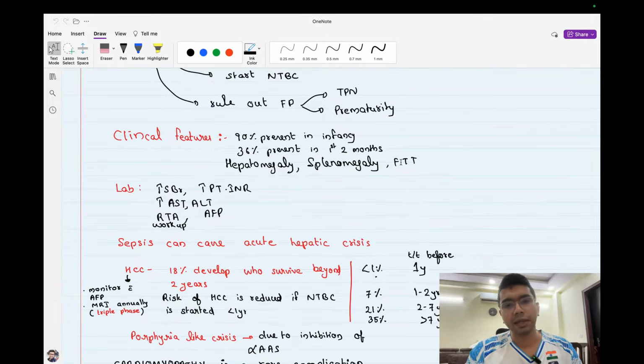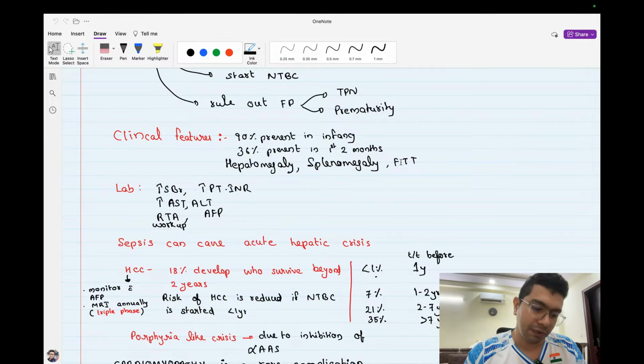Tyrosinemia usually presents in infancy itself, 36% in the first 2 months. The usual presentation will be hepatomegaly with or without splenomegaly. There will be failure to thrive. There will be icterus. There can be signs of liver failure. When we do the routine investigations, we get signs of liver failure, that is increase in serum bilirubin, increase in PT-INR, increase in ALT and AST.